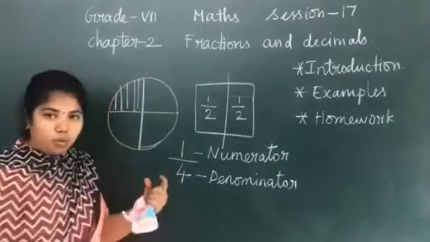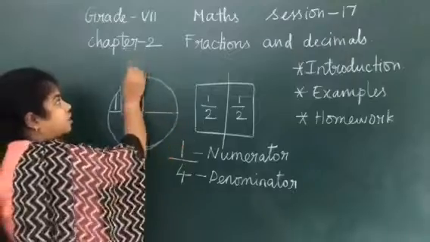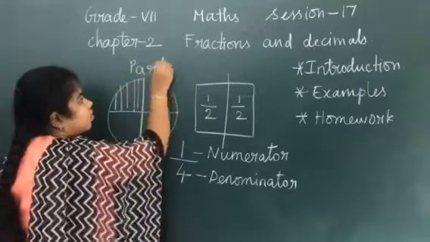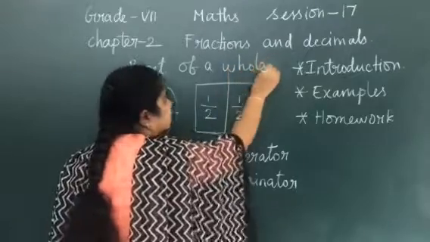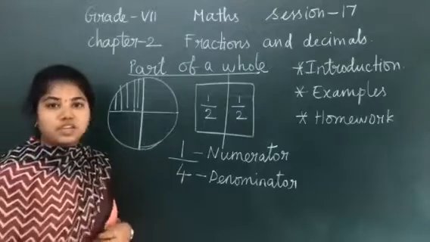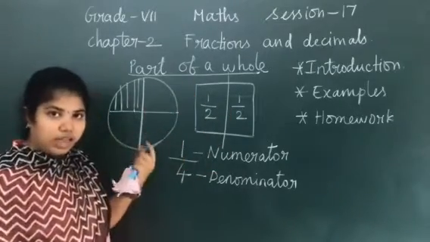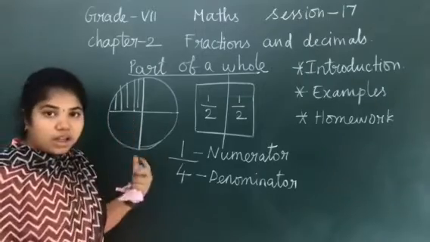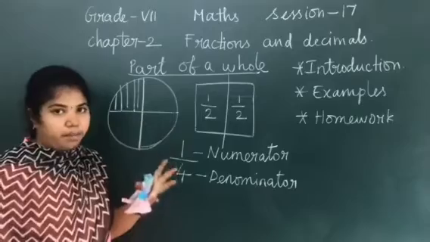Now a fraction is part of a whole. What is a fraction? Part of a whole. This is the exact meaning of fraction. I have taken a whole circle and divided it into 1, 2, 3, 4 equal parts.